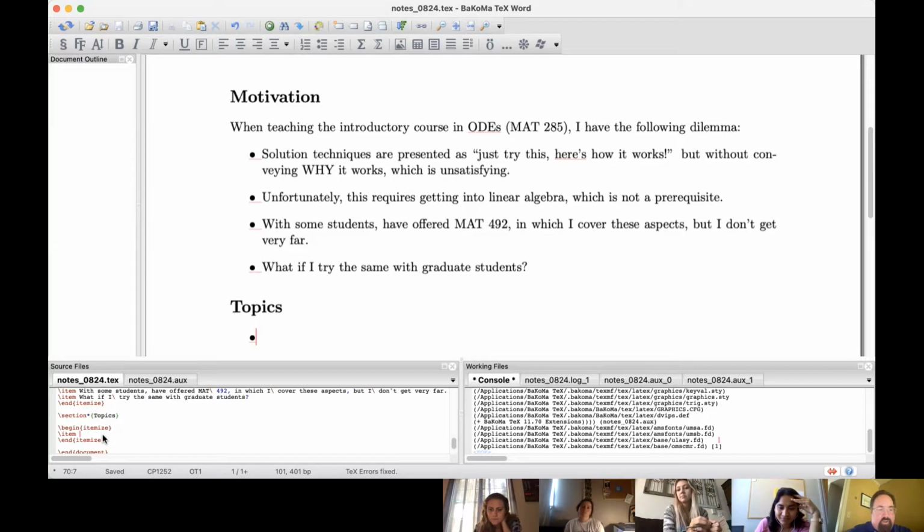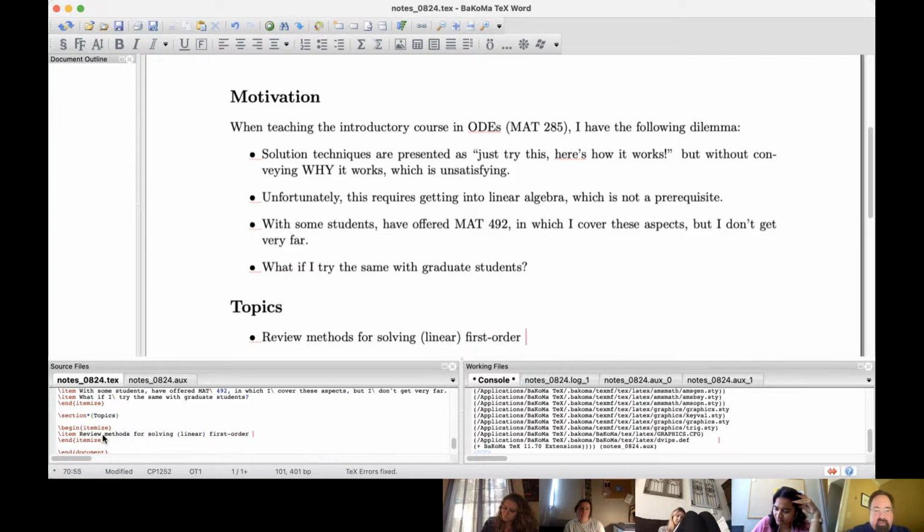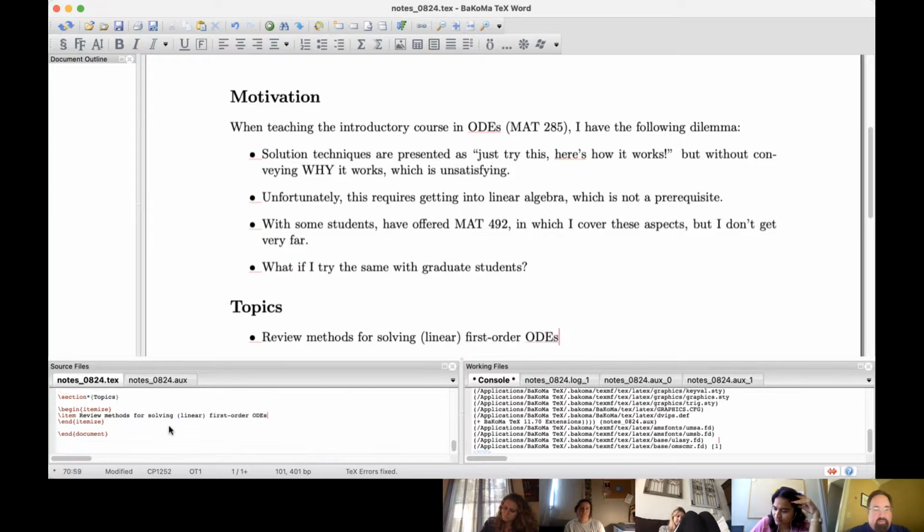Okay, so first we're going to focus on linear equations here. With linear first order ODEs, it also overlaps some with ODEs that are either separable or exact.